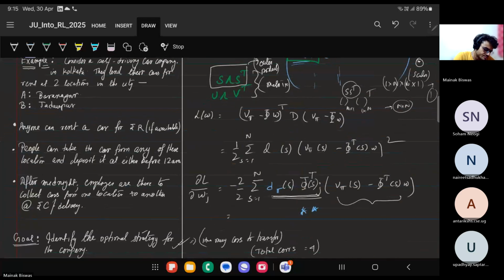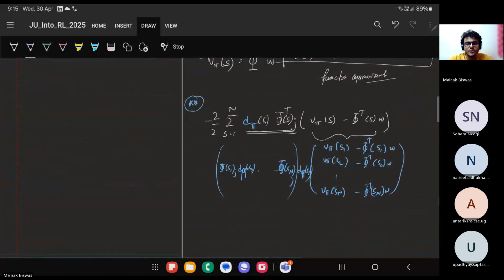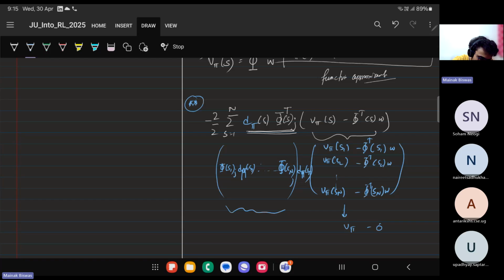Fine. Can you tell me now what should I do? How do I decompose this again into two matrices? This I already know: this is V pi minus phi W. The left hand matrix, how do I decompose? Every row will be this, yes or no?